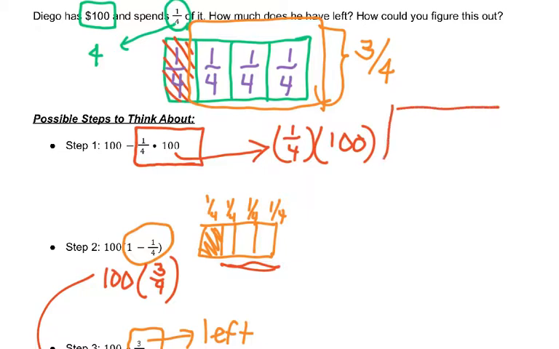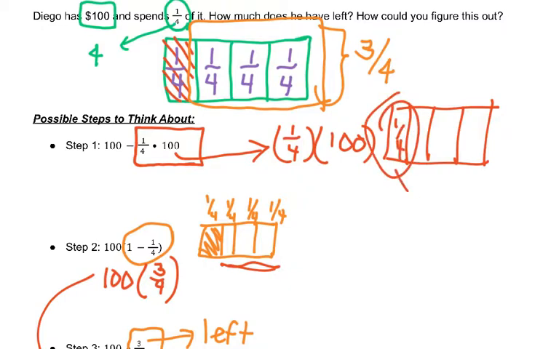Means if this whole thing is, remember, cut it into 4ths, I'm going to take 1/4 of that. Well, what is 1/4 of 1? 0.25. If I'm going to talk about it being 0.25 or $25, because I'm talking about $100.